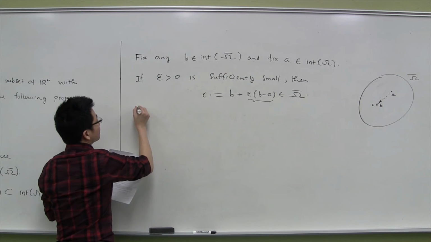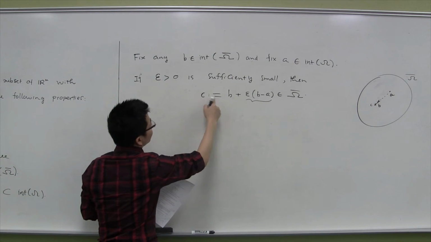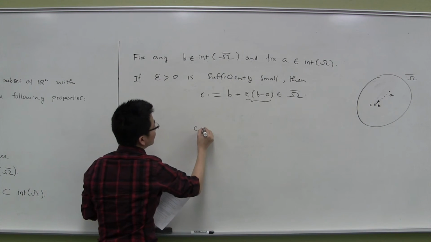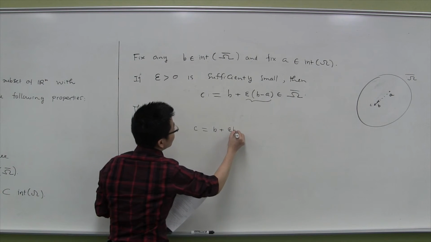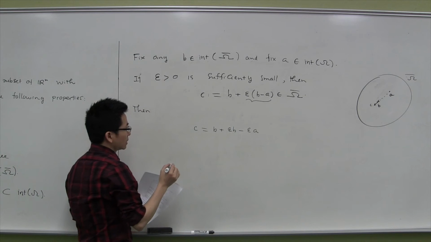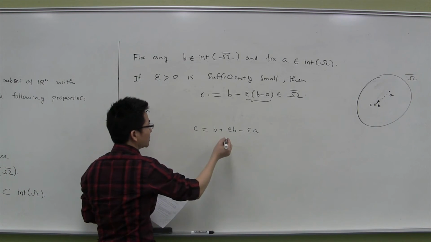From here, we're going to have the following. From this equality, we have that C is equal to B plus epsilon B minus epsilon A. So then we can solve for B by doing this.